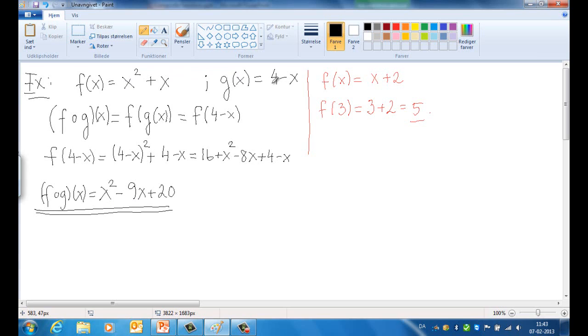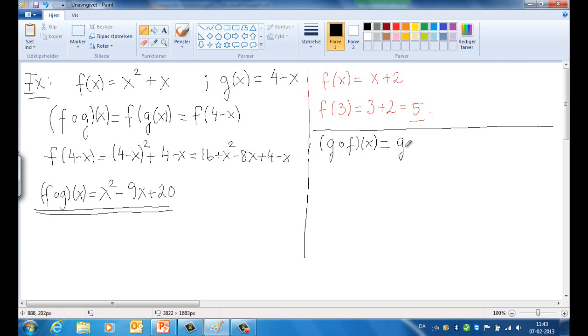Let's also try to do the other potential composite function based on these two initial functions f(x) and g(x). That's of course the composite function which is called g of f of x. That is the very same thing as we did for f of g of x, where we inserted the initial function g(x) into the function f(x). Here we insert the initial function f(x) into the function g(x).